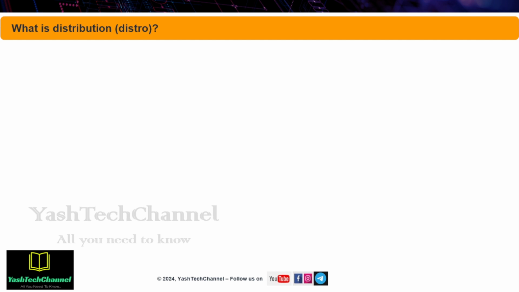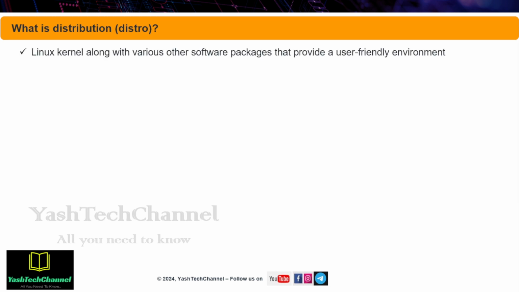So as I mentioned, sometimes it is called a distro, sometimes a distribution. Each distribution is built with a specific set of goals, design principles, and target audience in mind. Let's say, for example, in reality, Amazon has, Hotstar has, Netflix has.